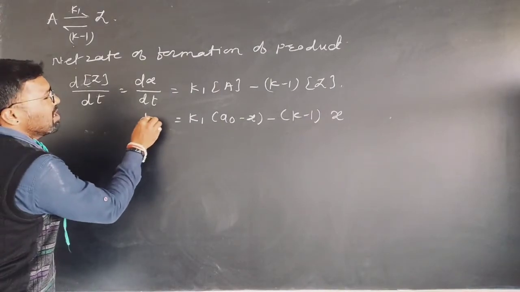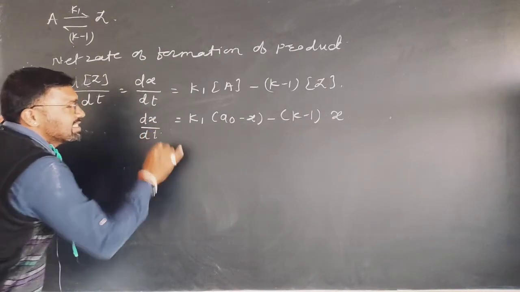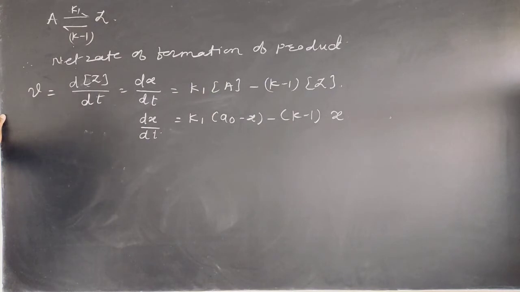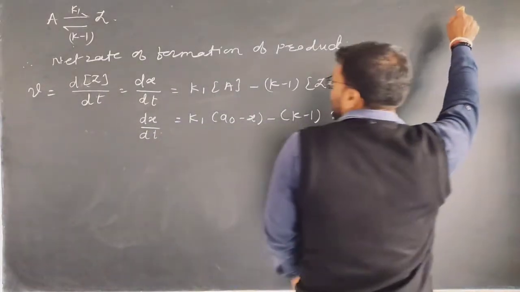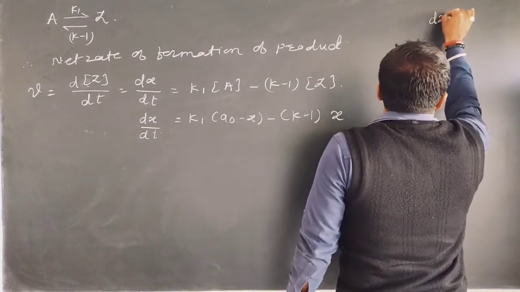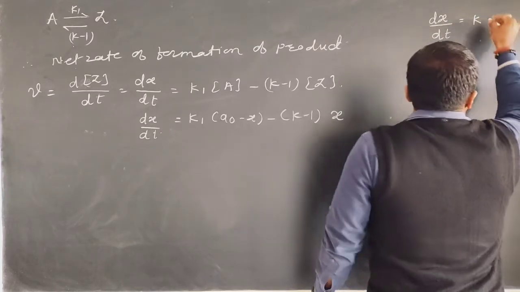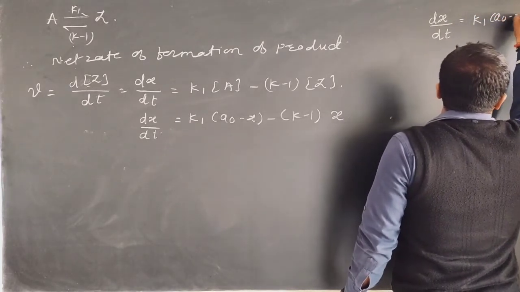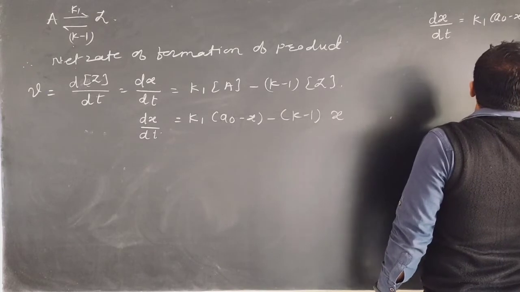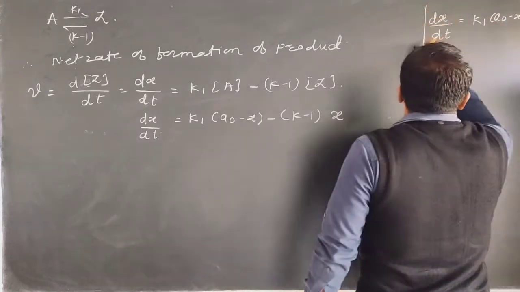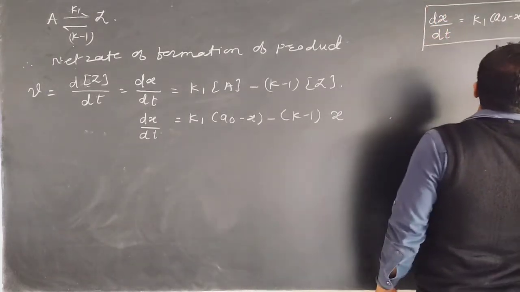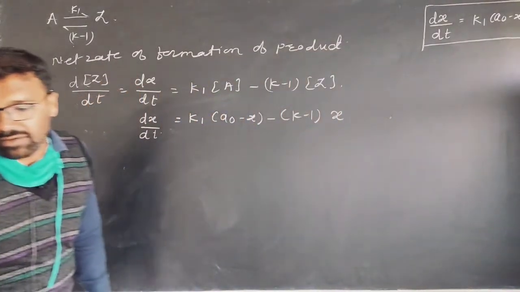Therefore you can write dx upon dt is equal to k1 into A0 minus x, minus k minus 1 into x. This is the equation, which we call equation number 1. This is the important equation.